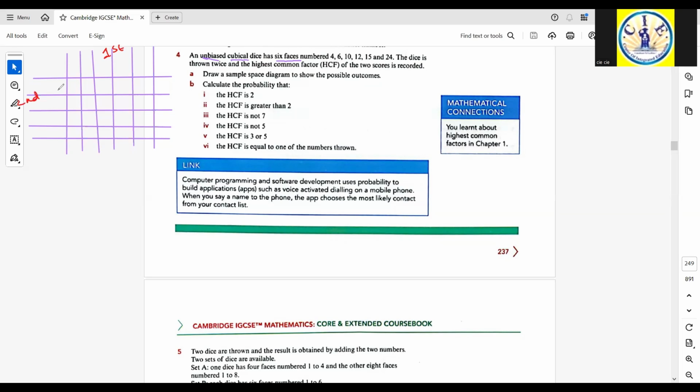And then the numbers are 4, 6, 10, 12, 15, and 24. And for this as well, 4, 6, 10, 12, 15, and then 24.